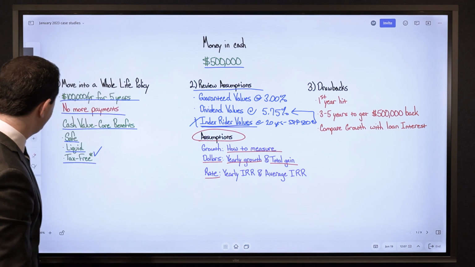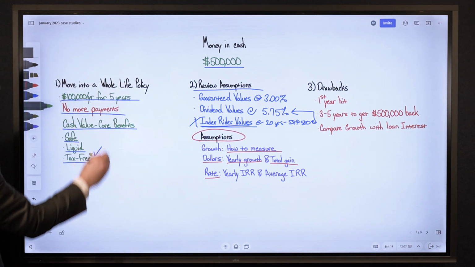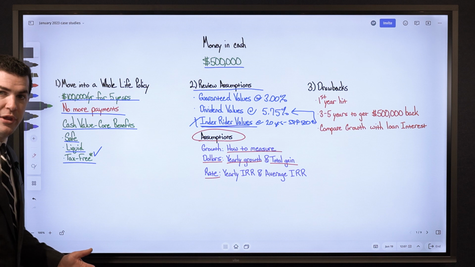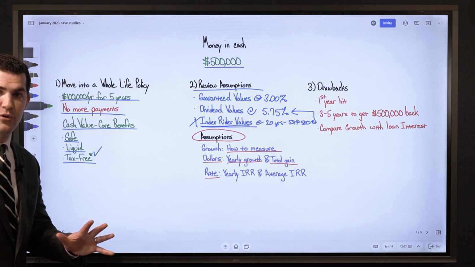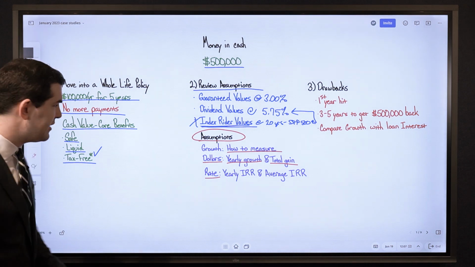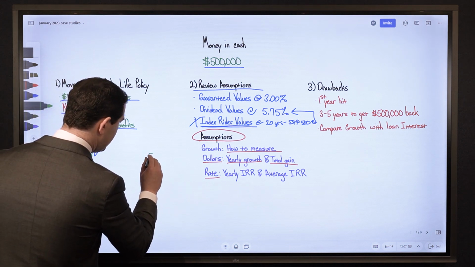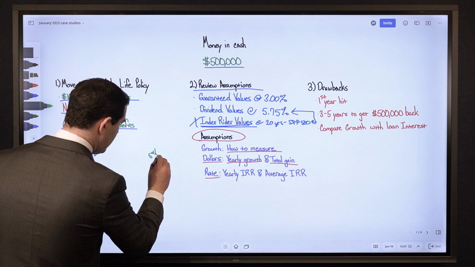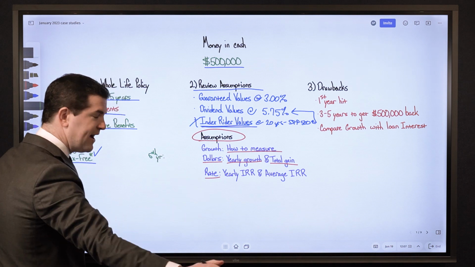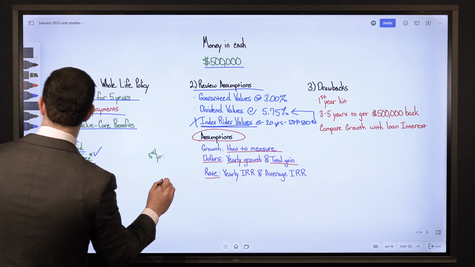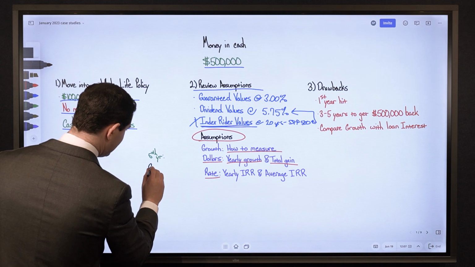So for example, if I have a policy where I'm moving $100,000 per year into a policy over 5 years, that's a total of $500,000. So let's assume by the 5th year, you've paid in how much? $500,000. So this would be your cost basis.